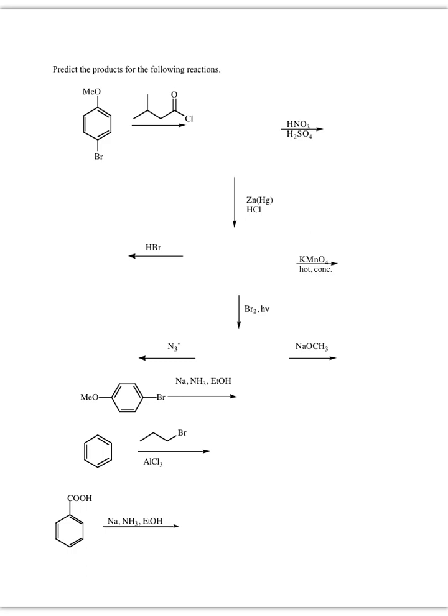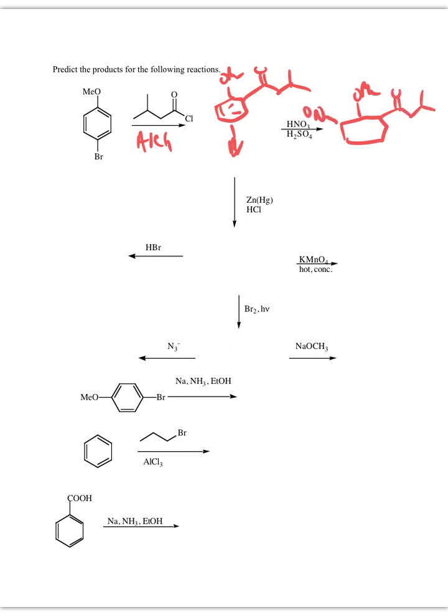Okay, so here we have a synthetic scheme. We are missing the aluminum chloride here, but the methoxy is a better donating group than the bromine, so we're going to put the group on there with the bromine, and then nitric and sulfuric acid is going to nitrate. The methoxy is the best donating group, so our nitro will go there with the bromine.